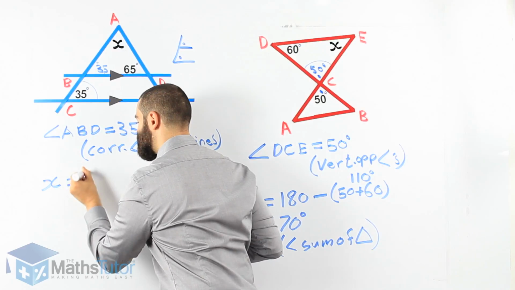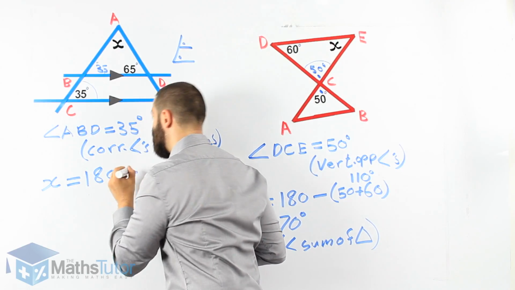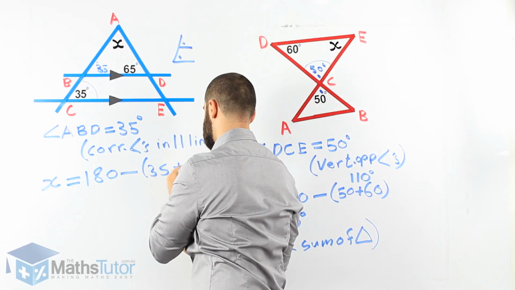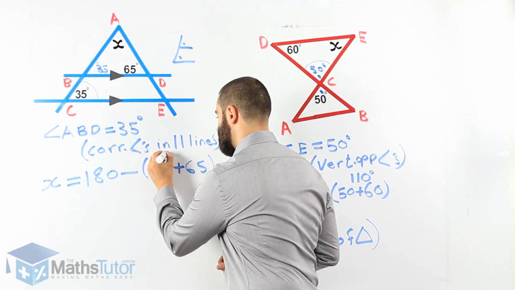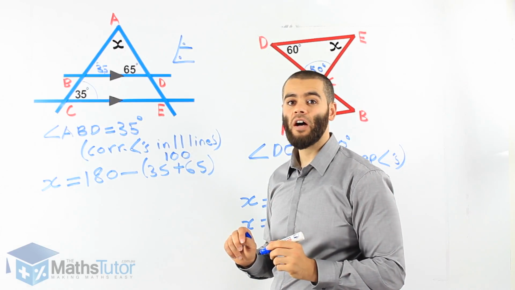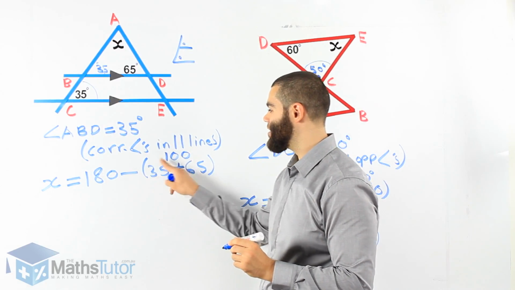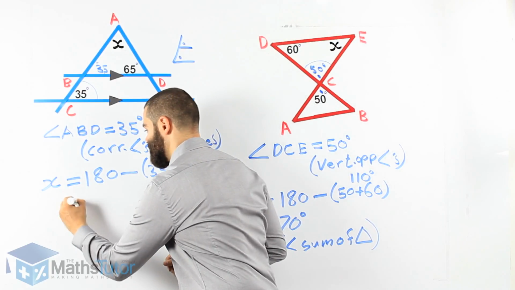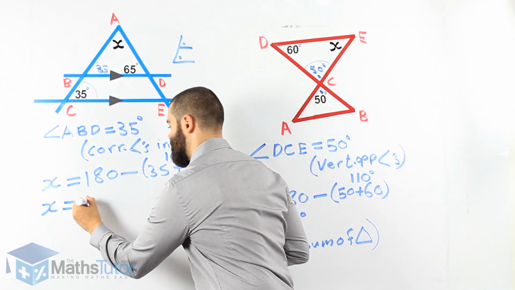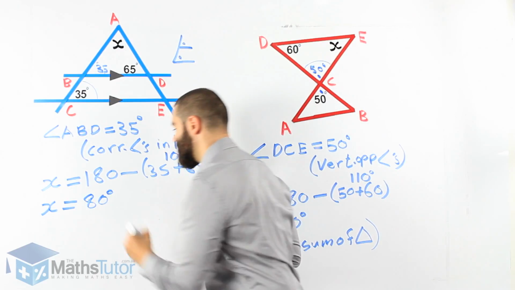X is going to be 180, take away the other two angles, 35 and 65. 35 plus 65 is 100. 180 minus 100. X is going to be 80 degrees.